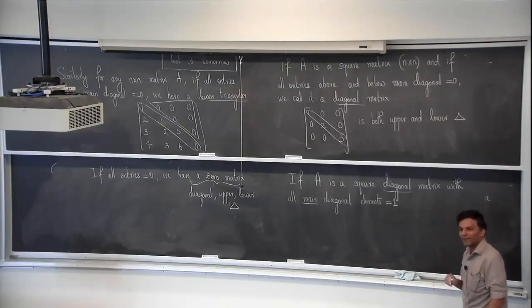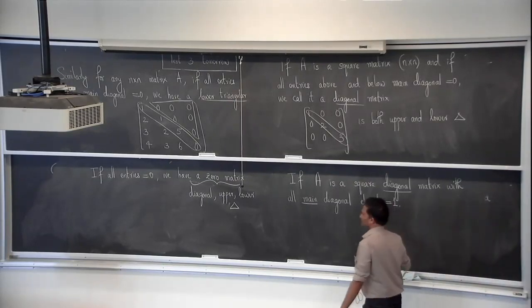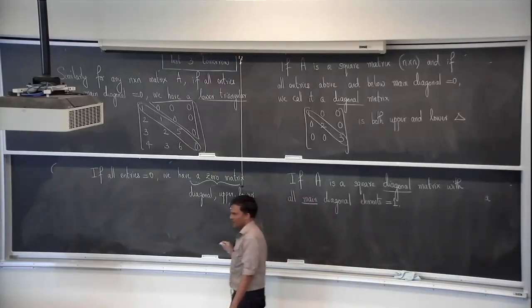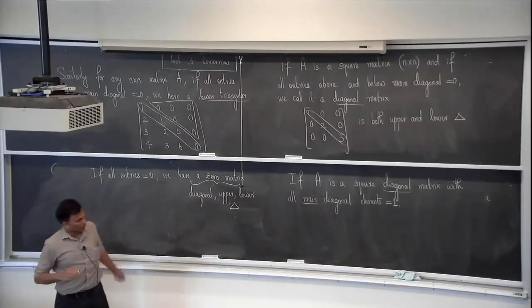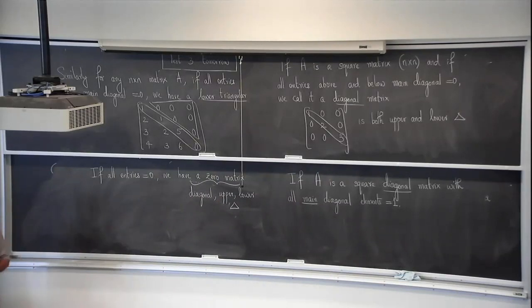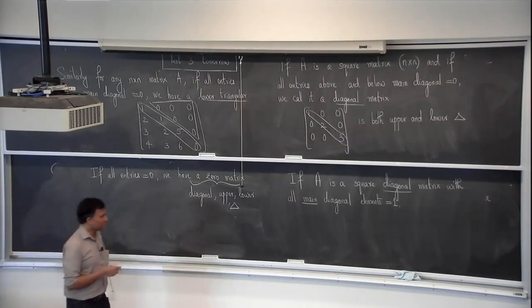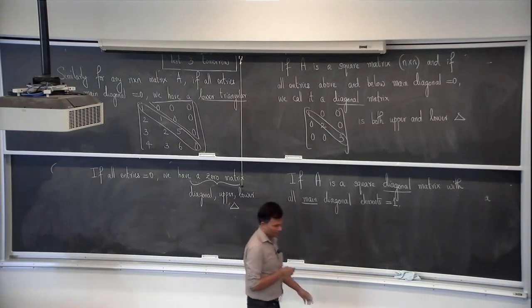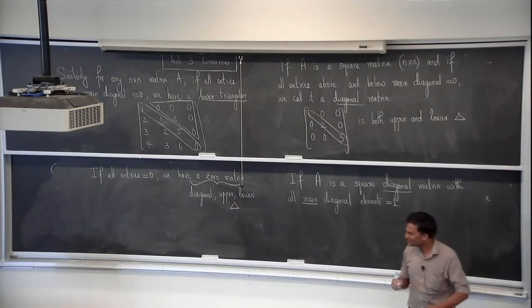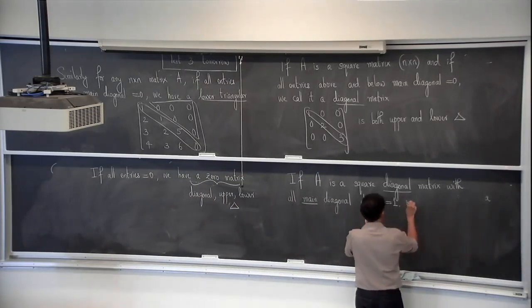What would we call that matrix? This is the most important square matrix for us. Any guess about what we would call this matrix? Yeah. One diagonal. All right, well, that's not a bad one. So we call it an identity matrix.